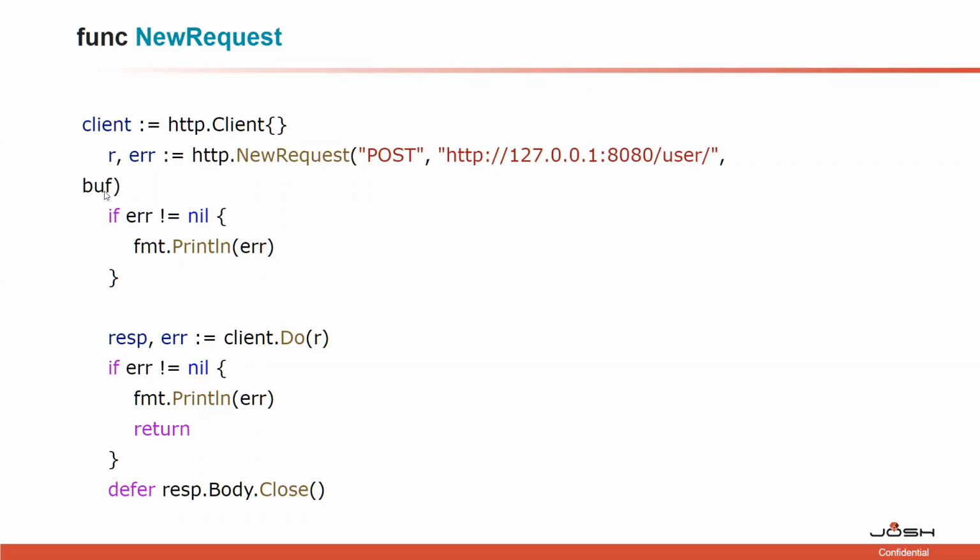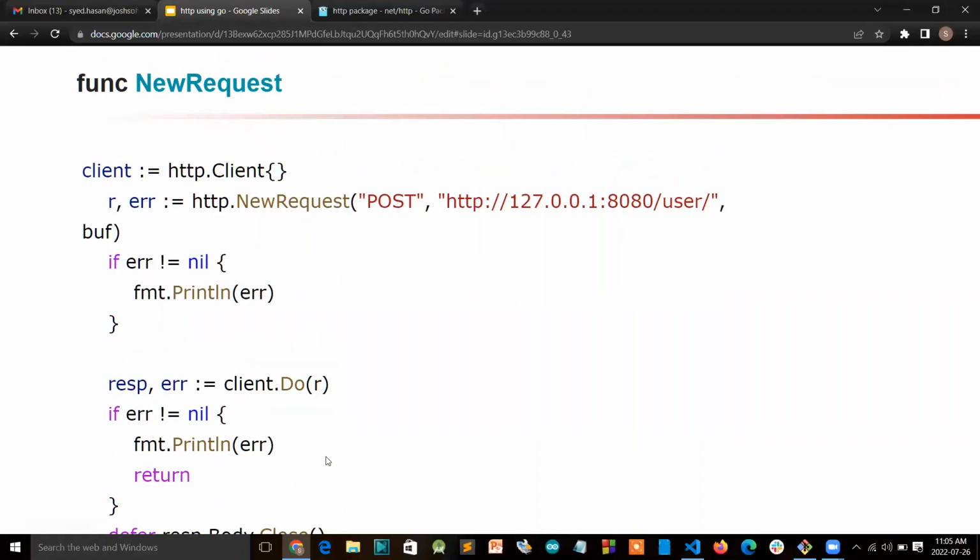You can also pass nil if you don't want to send a request body. After client.Do, we check the error. If there is an error, we need to handle it. If the error is nil, we need to close the response body as per the documentation. So in a deferred func, we have done response.Body.Close. This is how you close a response body.